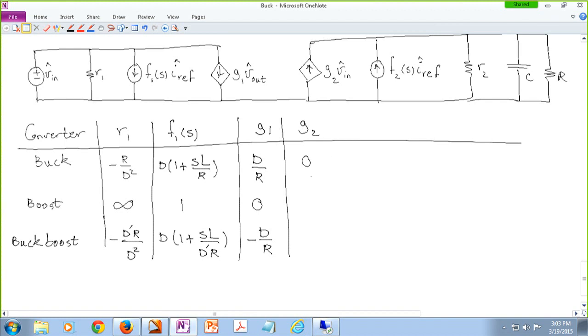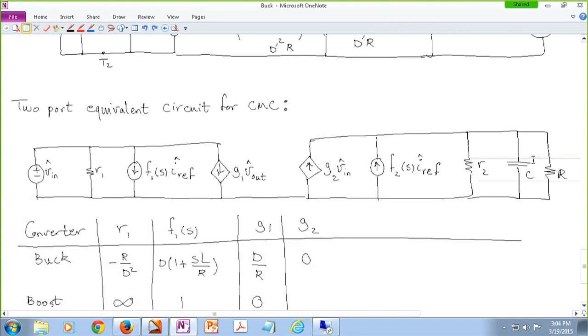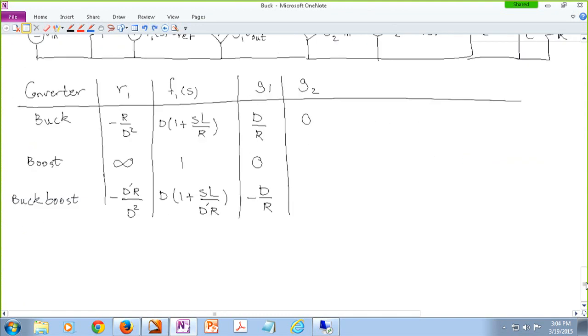For boost, we have this term over here, which is, if you flip the direction of the current, going to be 1 over D prime R. And here we have negative D squared over D prime R.